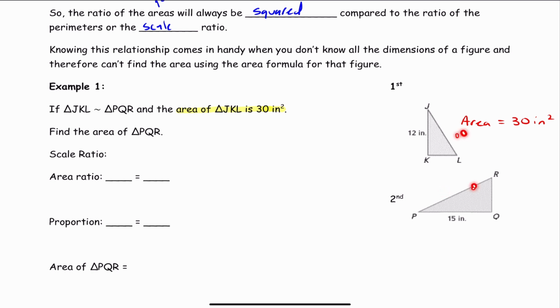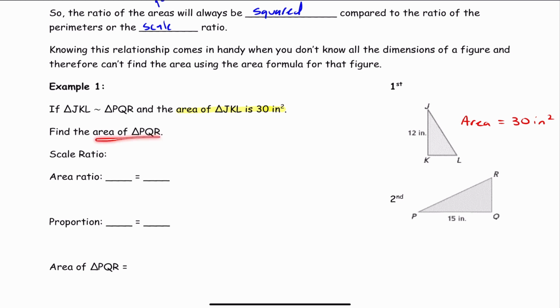Suppose that these two figures are similar, then I can use something to figure out the area if the figures are similar, okay? Again, I'm going to say this right now. The area of JKL is 30 inches squared.